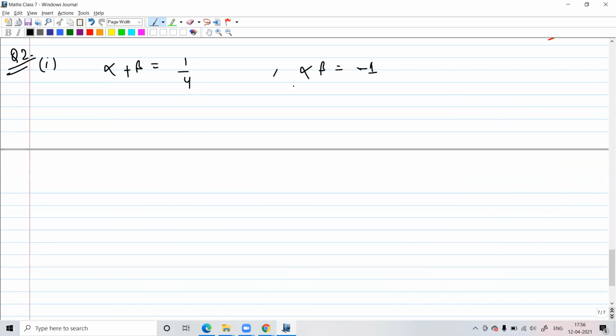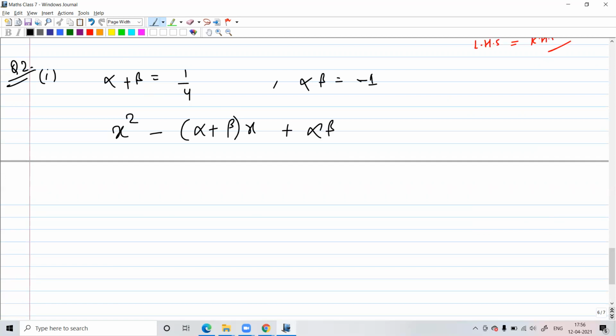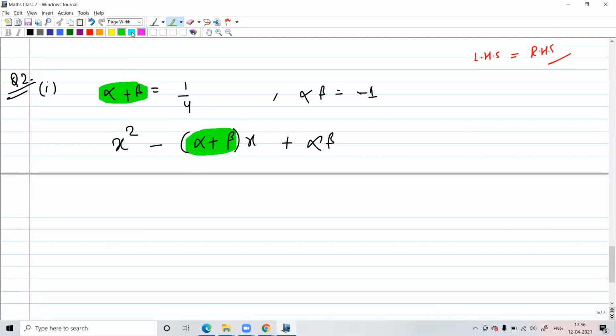If the sum and the product are given, you can directly write the polynomial as x squared minus the sum of the zeros, alpha plus beta, times x, plus the product of the zeros. Whatever is alpha plus beta, put that value here, and whatever is alpha into beta, put it here.